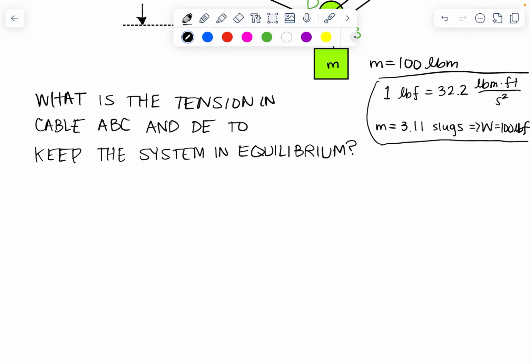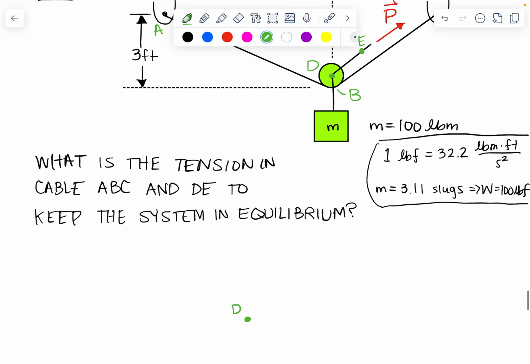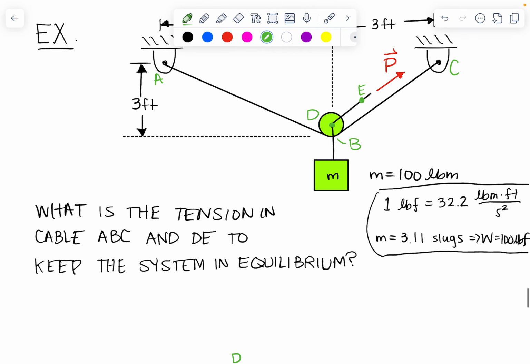All right, now let's get back to the problem at hand, which is finding the tension in these cables. So the first thing I want to do is draw a simplified free body diagram. So here's my point D, which is the point on this pulley, and I'm going to idealize all my forces, all my tensions, and my applied force P as going through this point D, right?